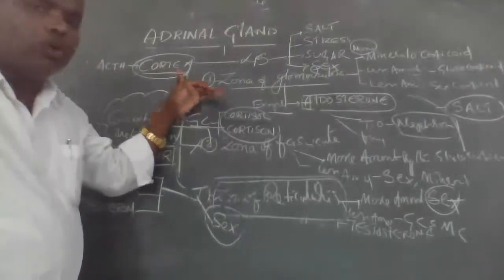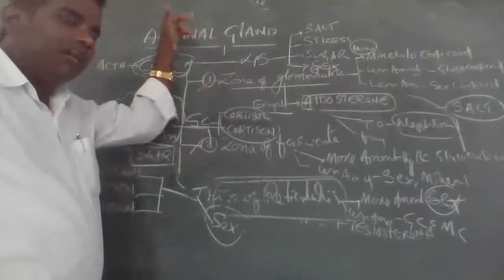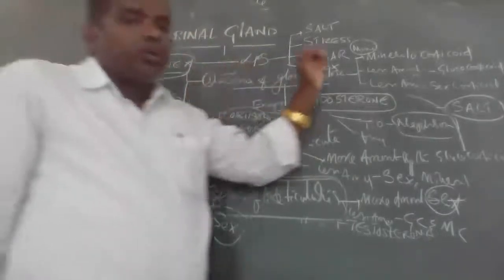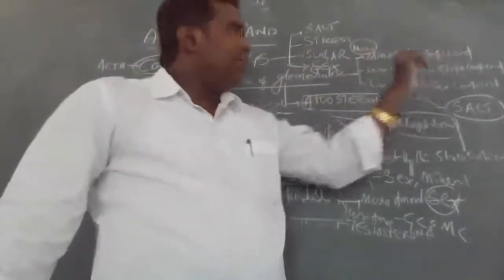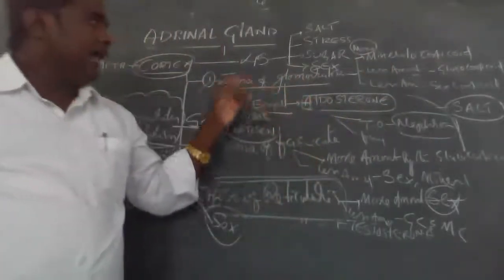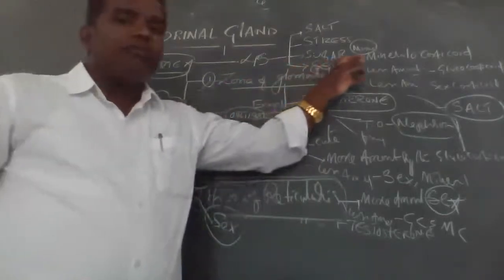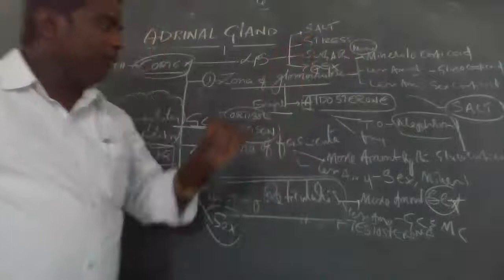This is important. Clear? Understood? That's why cortex region hormones, which maintain salt, stress, sugar, and sex, are called 4S hormones.